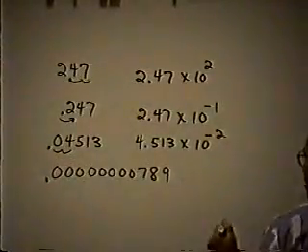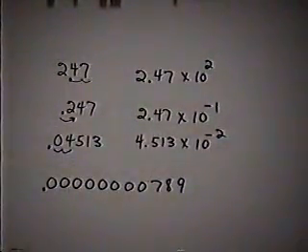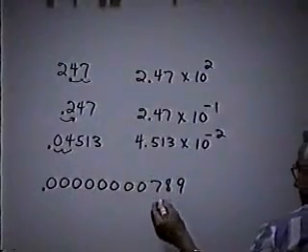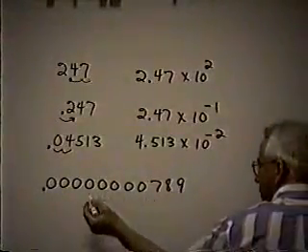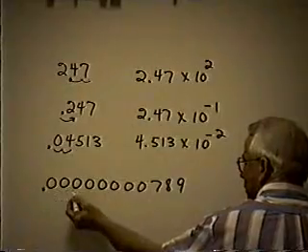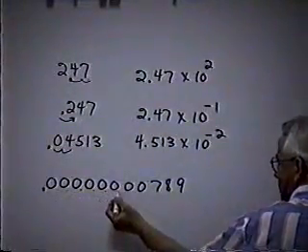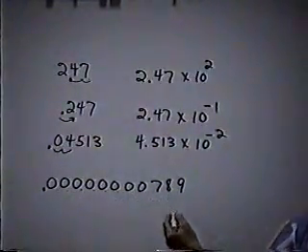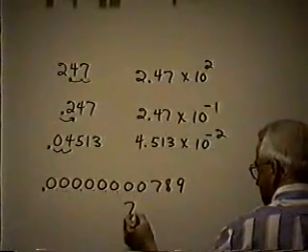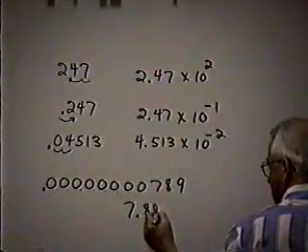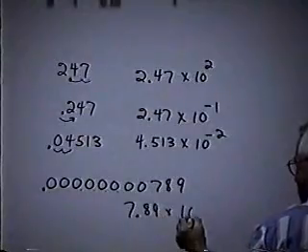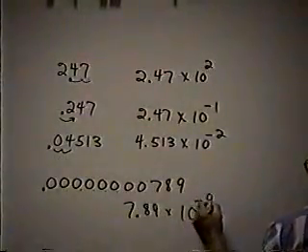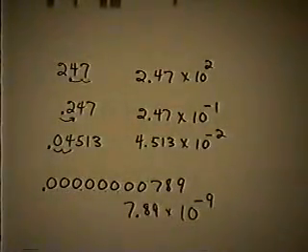So what would this one be? This one has lots of zeros, so let's see here. You got to come this way: 1, 2, 3, 4, 5, 6, 7, 8, 9. Wow. So that's 7.89 times 10 to the minus 9.